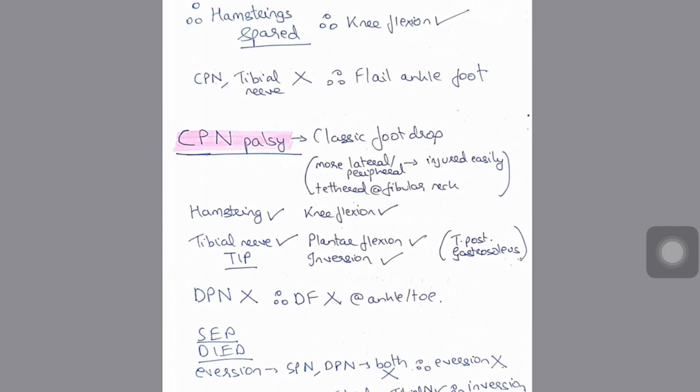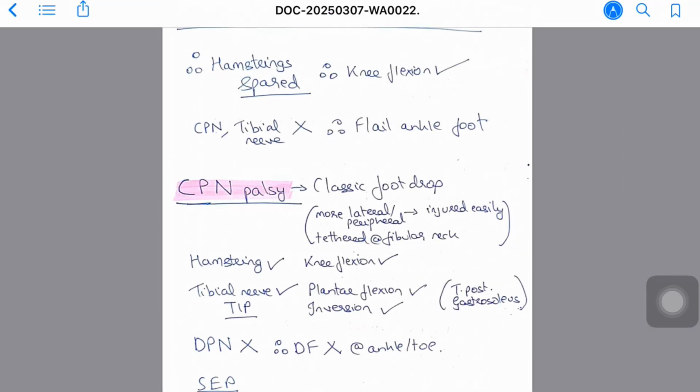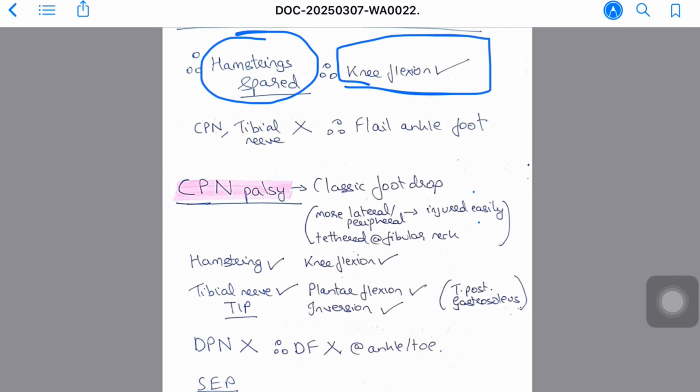Now if the level of sciatic nerve injury is just above the popliteal fossa, the injury is distal to the hamstring supply. So the hamstring is spared, so knee flexion is possible. This is the characteristic thing, knee flexion is possible.